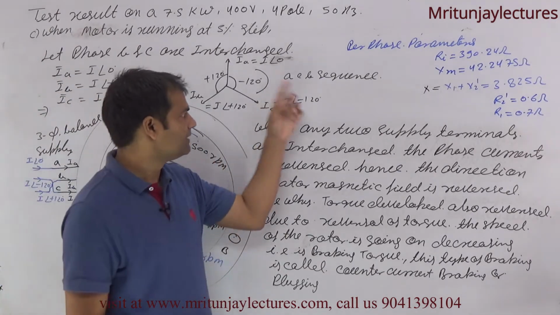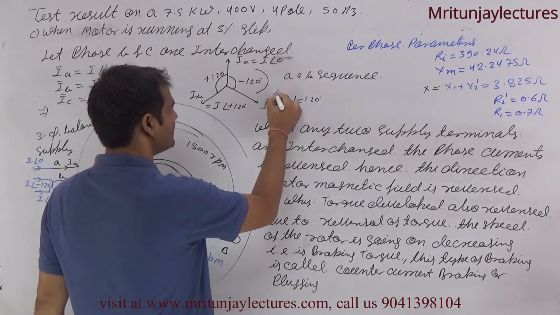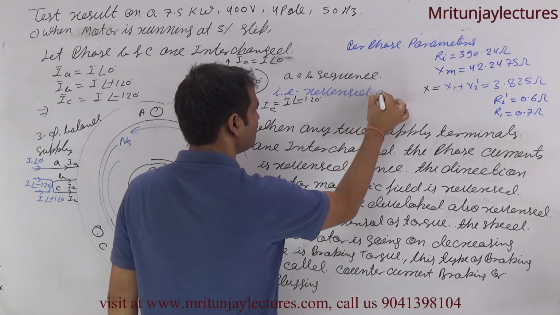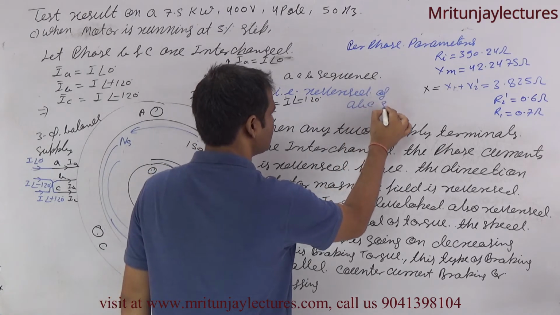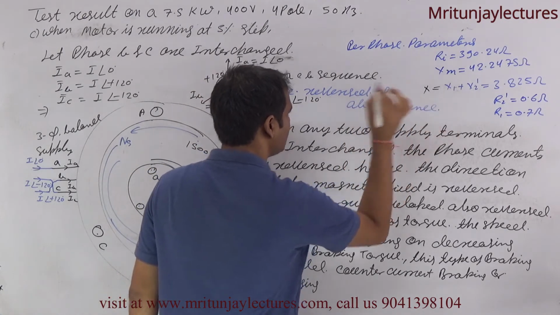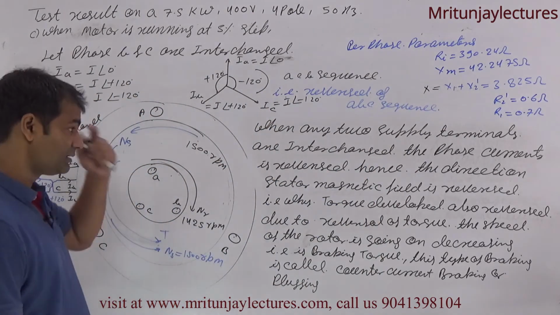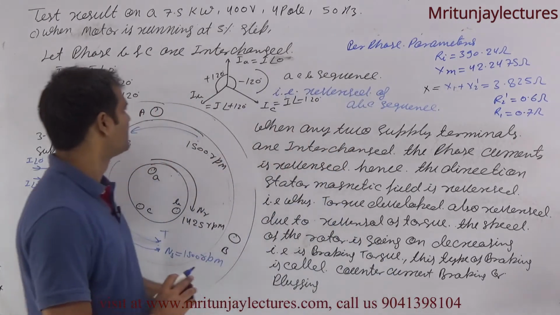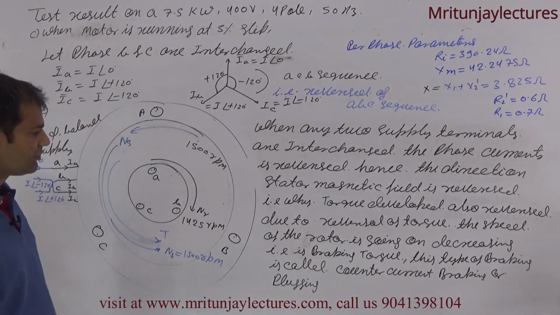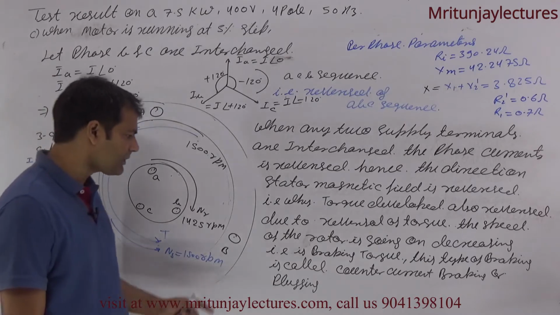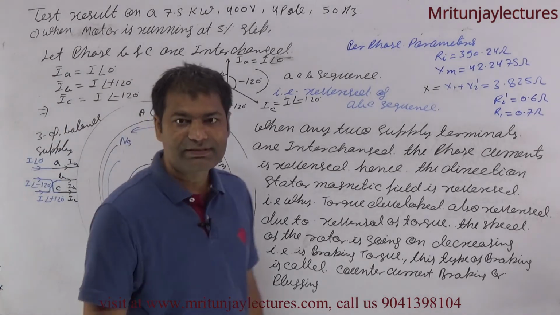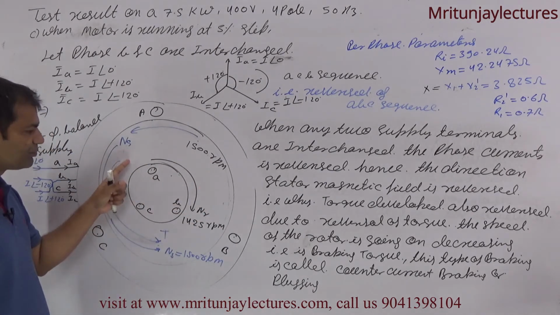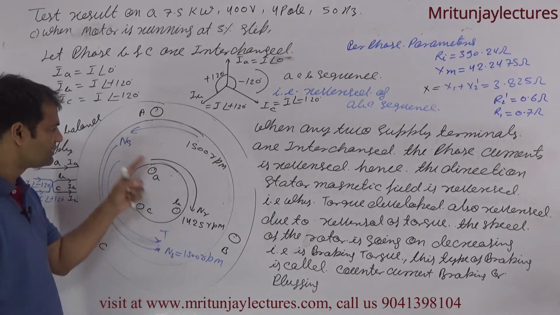ACB means that is the reverse of the ABC sequence. Clear? That is reversal of the ABC. Clear? Now, during braking, NR is in the opposite direction of NS.